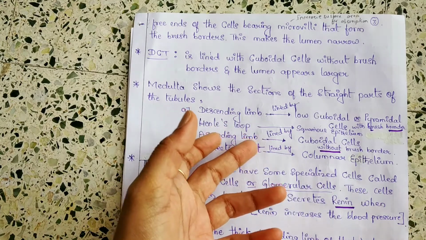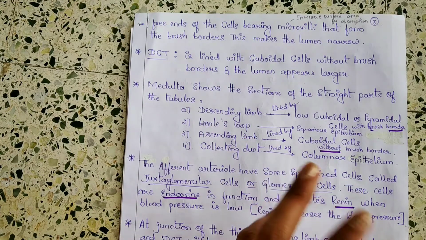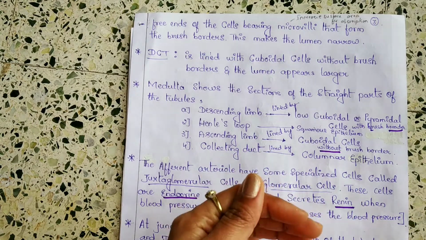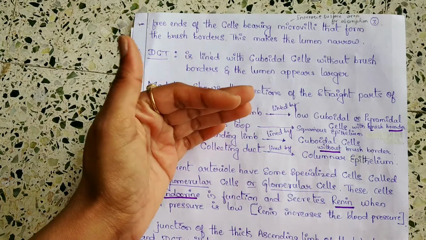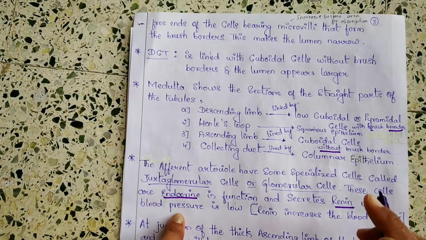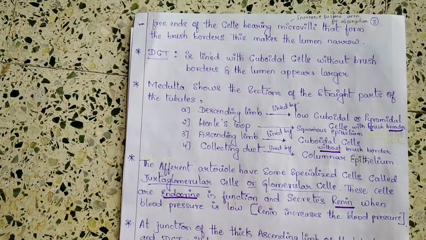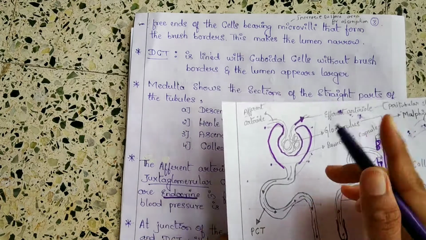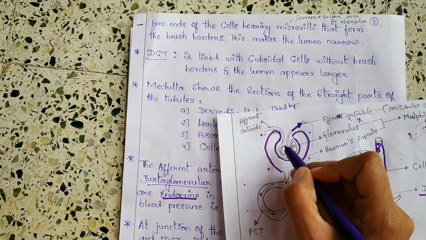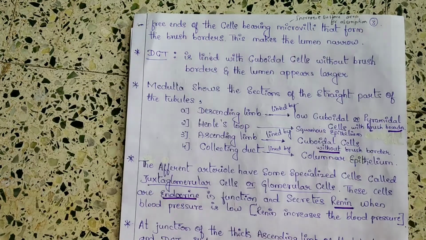The function of renin is to control the blood pressure; when blood pressure is low, renin increases the blood pressure. If you look at the diagram, the afferent arteriole has these special cells, called glomerular or juxtaglomerular cells.